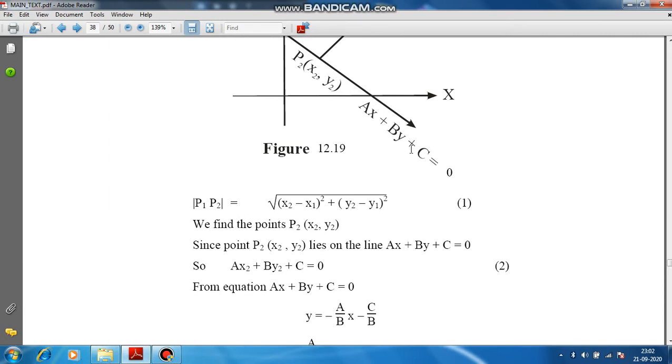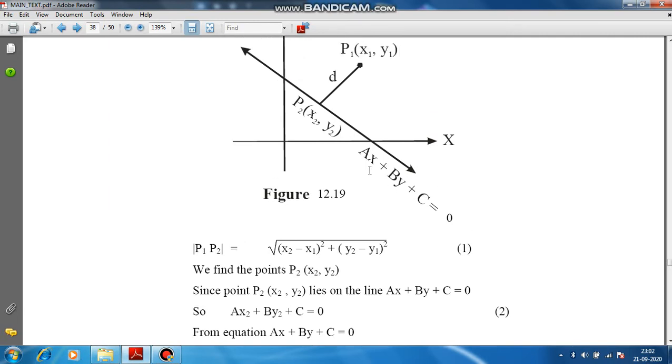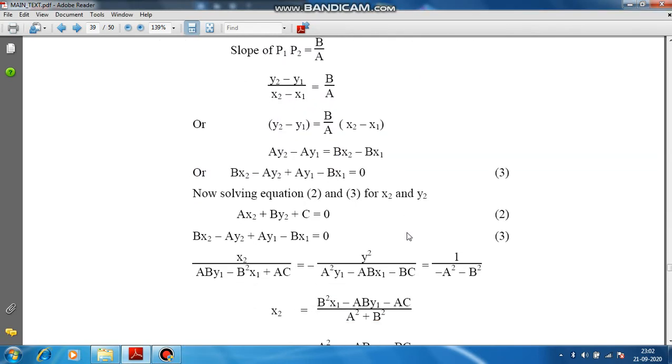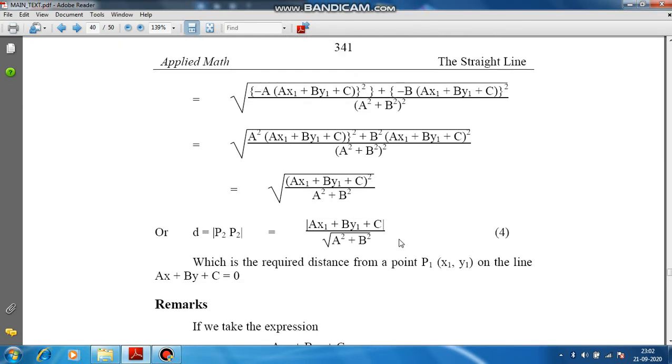That is, in the equation of the straight line ax plus by plus c equal to 0, we replace x by x1 and y by y1, and we divide it by square root of a square plus b square. The modulus sign is there because the distance can never be negative.